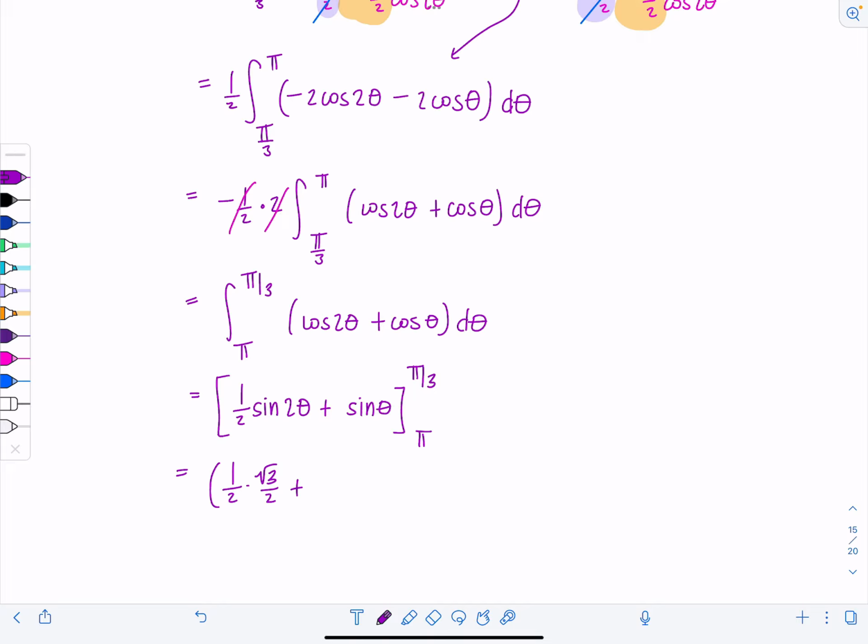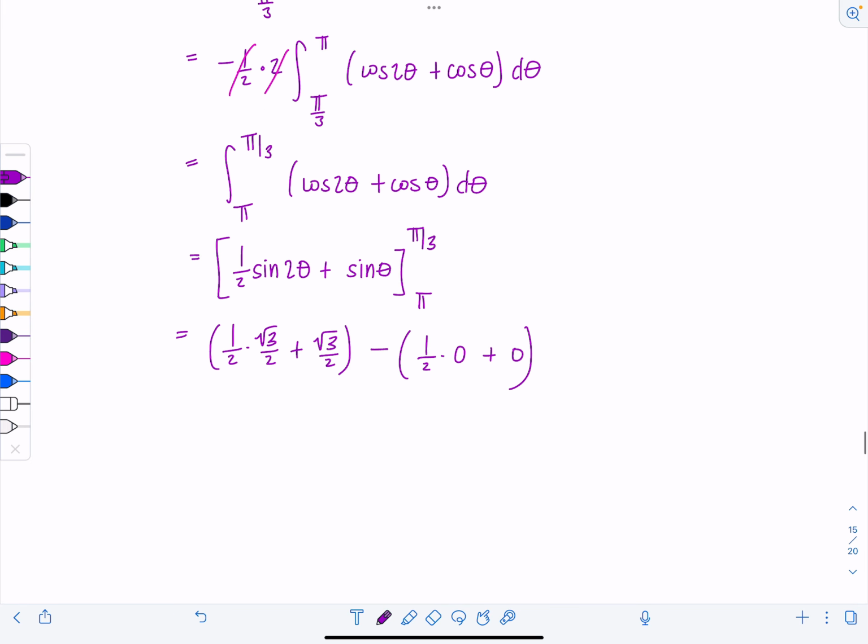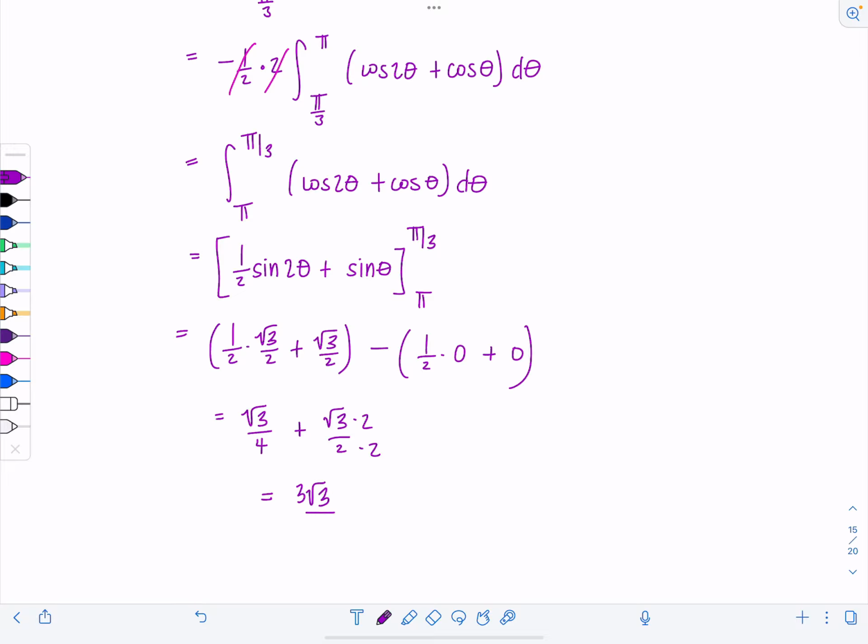Plus sine of pi over 3 is also the same. Minus 1/2 times sine of 2 pi is 0. Plus sine of pi, also 0. So what is this? Rad 3 over 4 plus rad 3 over 2, which is 2 rad 3 over 4. So this is 3 rad 3 over 4.